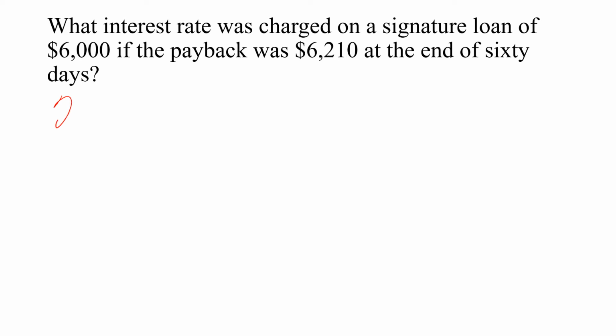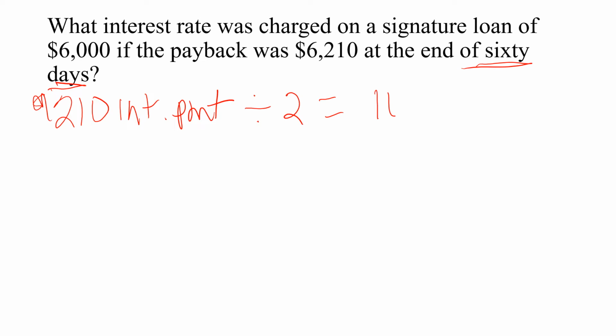So that means we had $210 in interest payment. But that was for 60 days. So that was for 2 months. So let's divide that by 2 to say we paid $105 interest per month.